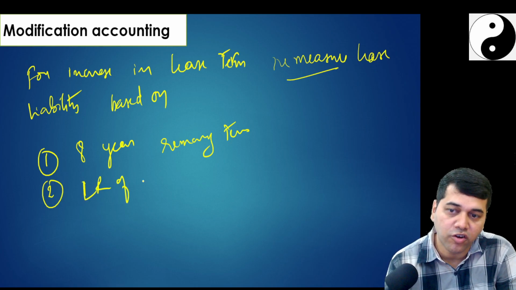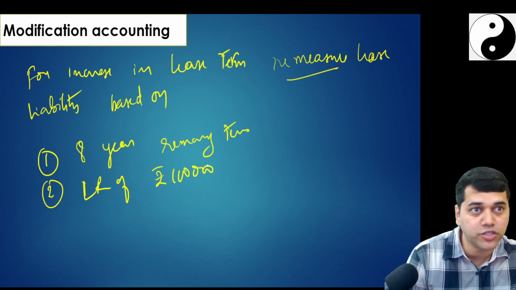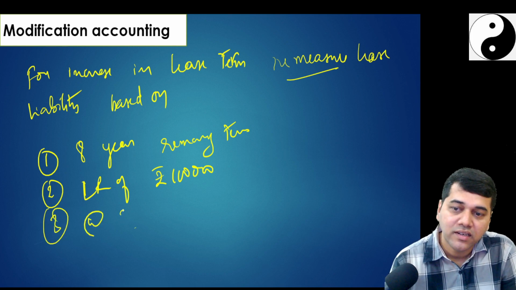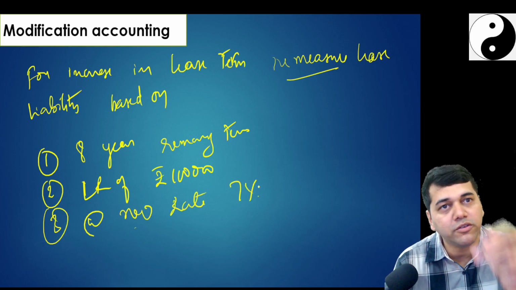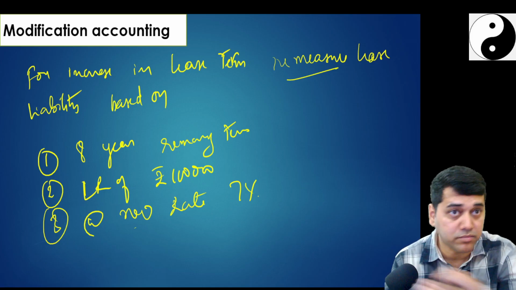Lease rent of rupees 1 lakh only. Did it change for the revised portion? No. At the new rate of 7%. Why? Because it's a remeasurement of the lease liability, a lease term extension.